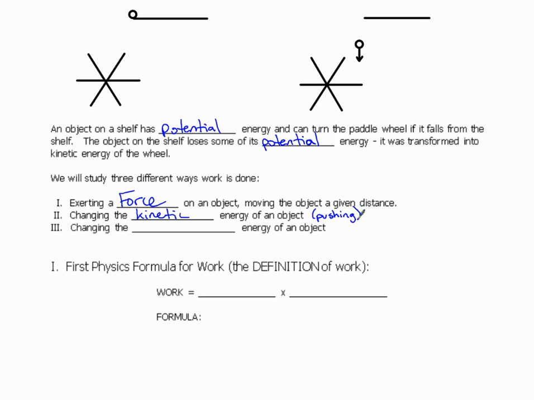We are giving it motion, therefore it is kinetic energy. Or you can do work by changing the potential energy. Potential energy is due to position above the earth, and this would be something like lifting an object.